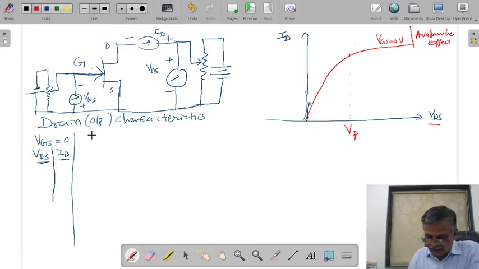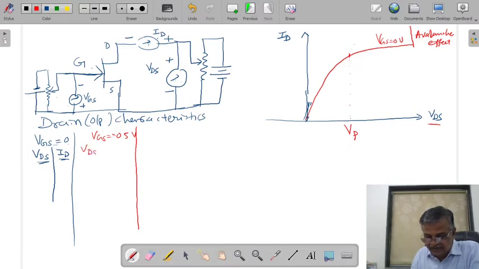Now, if I keep VGS equal to minus 0.5, I am giving this voltage negative, you connect the negative, so it is called minus. So this is minus 0.5 volt.